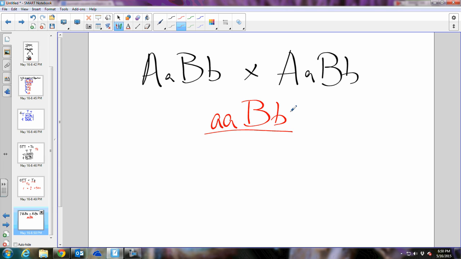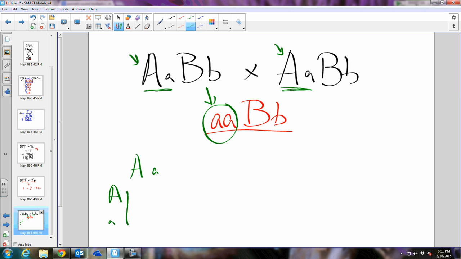So how do we do that? Well, we're going to consider each set of letters separately. What is the chance that this can be made from this and this? Well, again, if we did our little Punnett square, we would see that that's a 1/4 chance. All right.